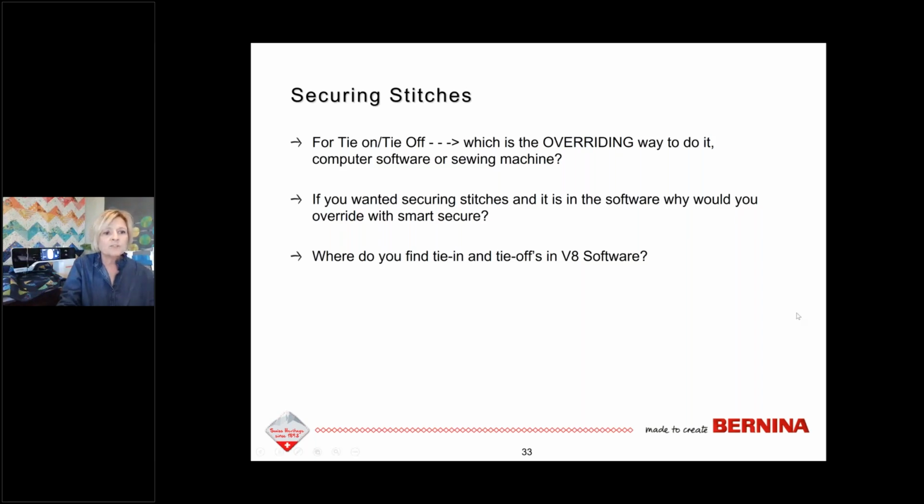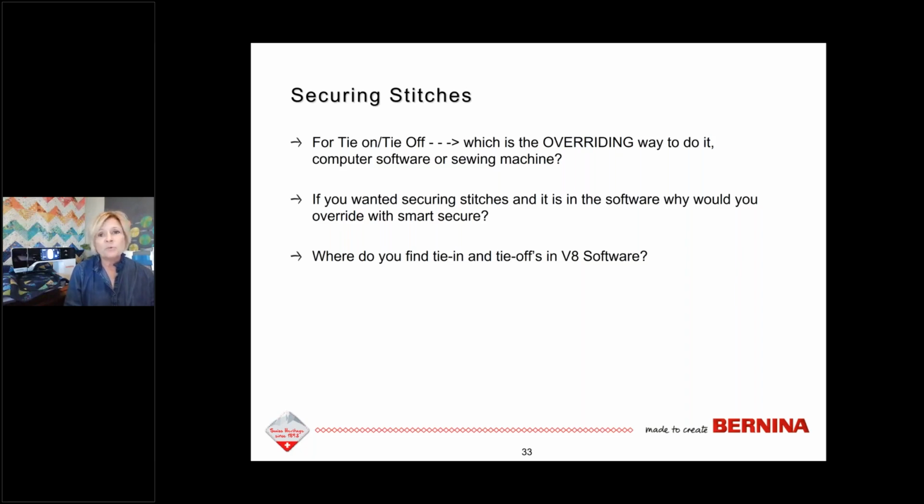The next question is, if you wanted securing stitches and it's in the software, why would you override it with Smart Secure? So why would you do that? Because I mentioned in the other webinars that my preference is to first go into the software and just remove the securing stitches. I like to just remove them there instead of adding them there, because I want the control at my machine.